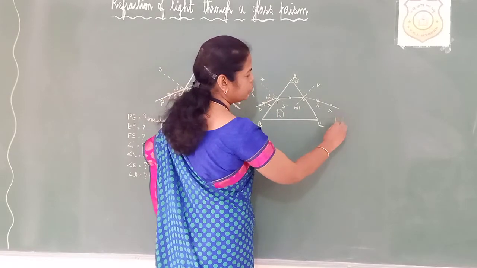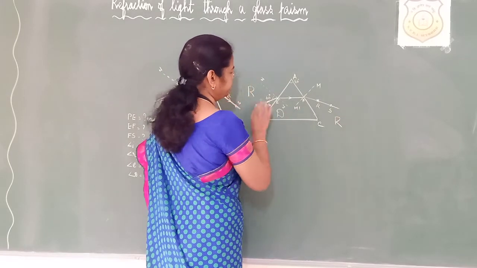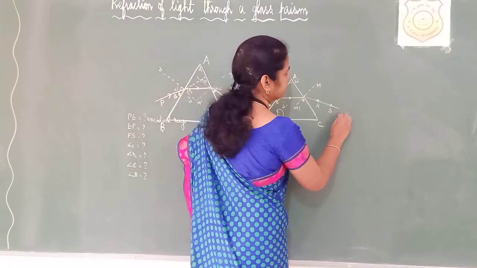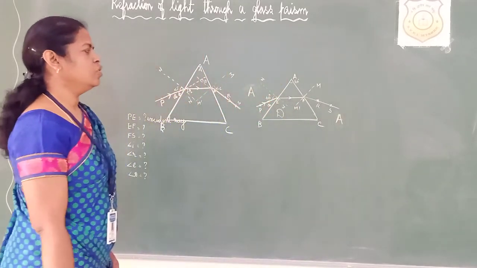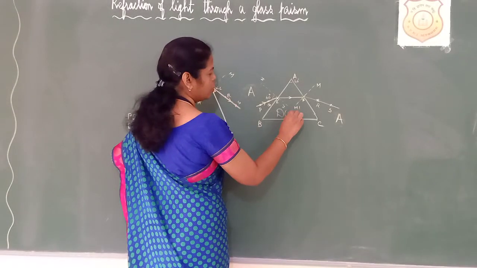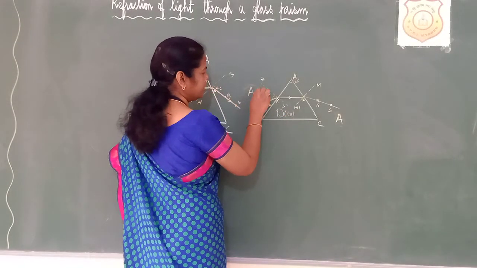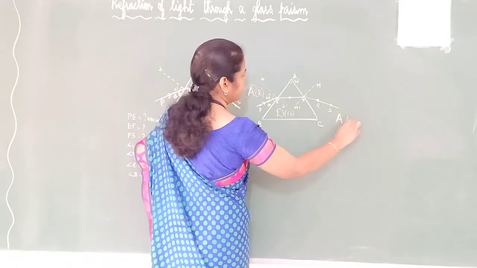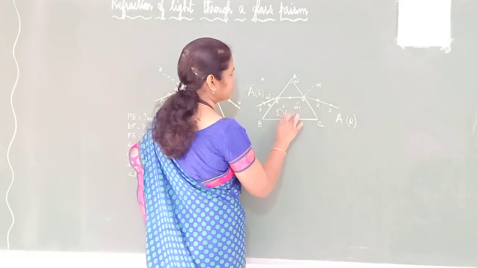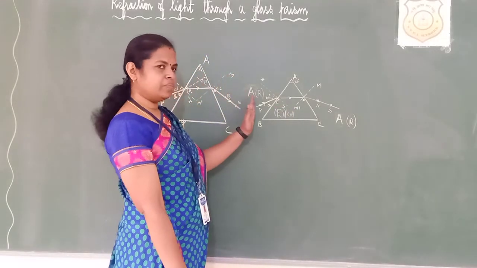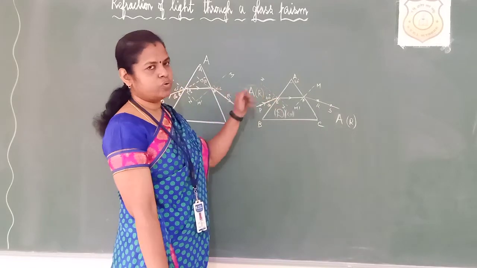The emergent ray which is going out will also go into air. So this will be rarer medium, and this will be again rarer medium, but this will be denser medium. From rarer medium to denser medium it is going and hitting.